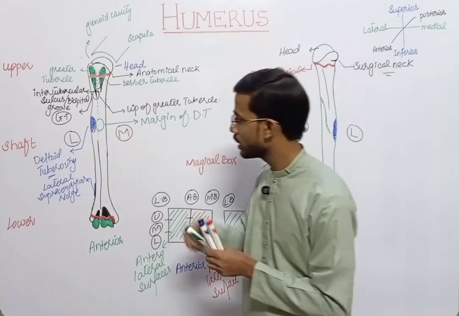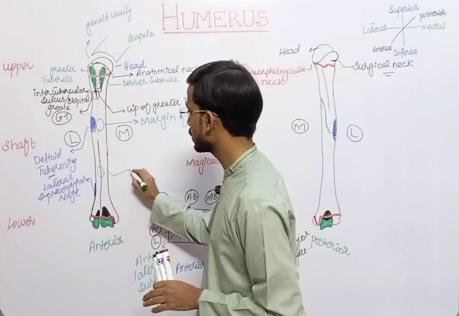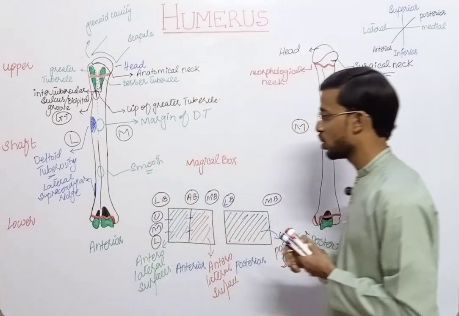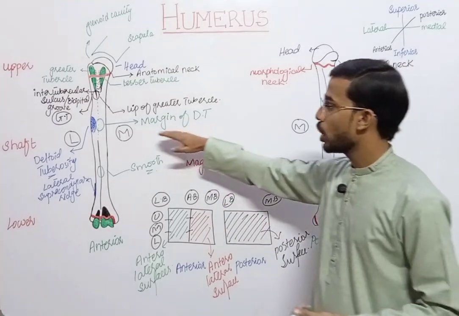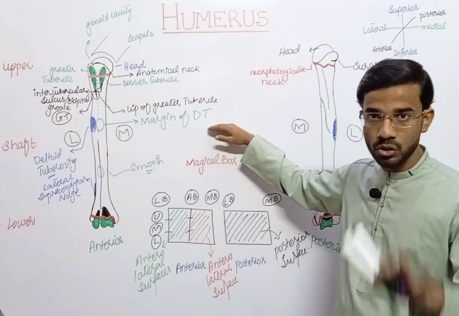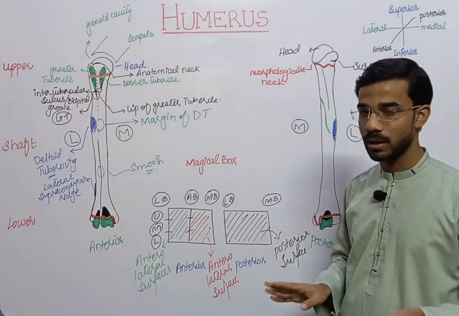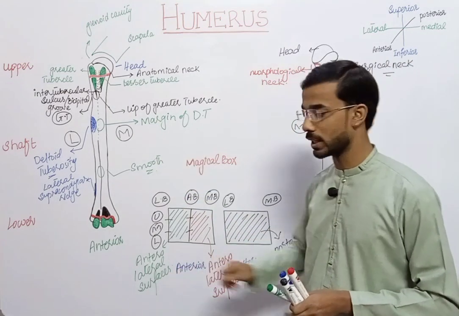And at the lower portion there is no such component present, and this is the smooth area. So the upper portion contains the lip of the greater tubercle, the middle portion contains the margins of the deltoid tuberosity, and the lower portion contains no component, and this is the smooth area.